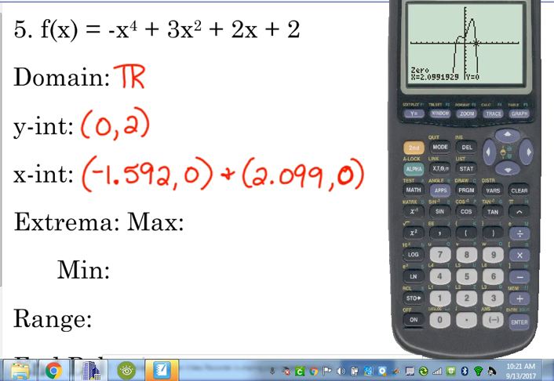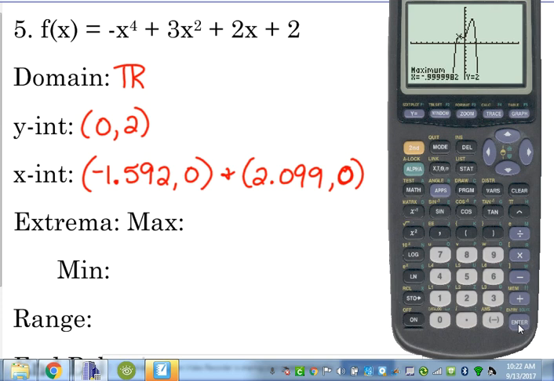Okay, extrema. We have 2 maximums. So second trace maximum is number 4. I'm going to go all the way to the one on the left. I like going left to right. Left bound, right bound, enter.